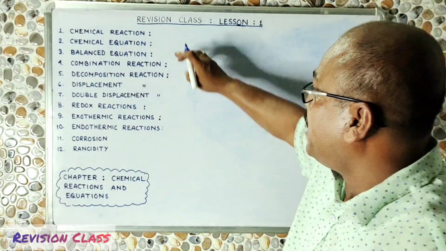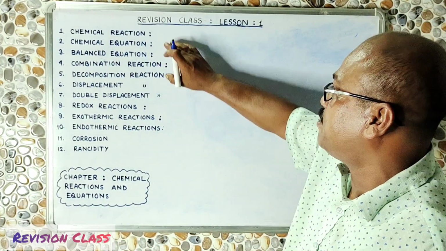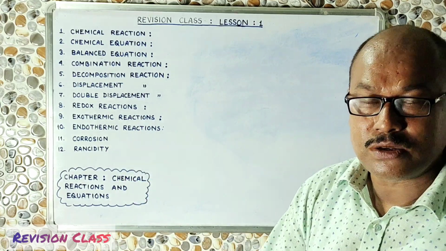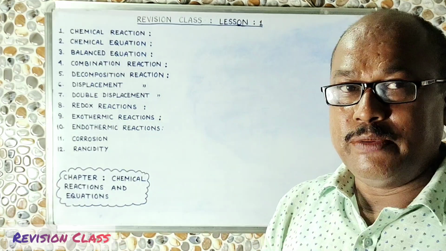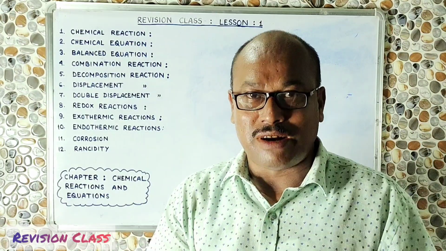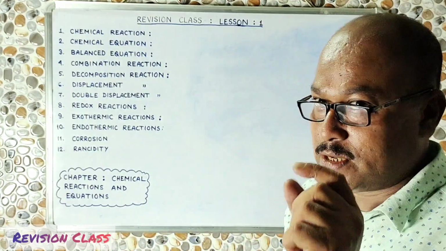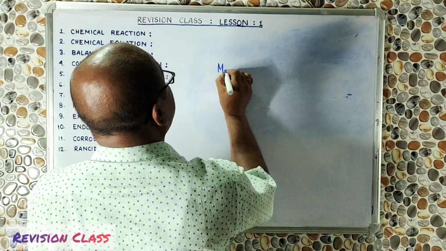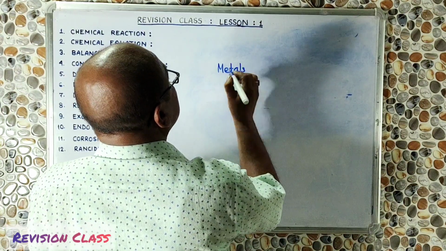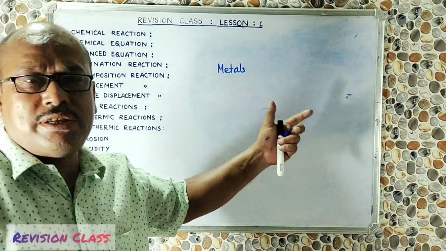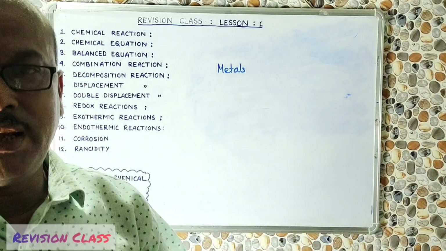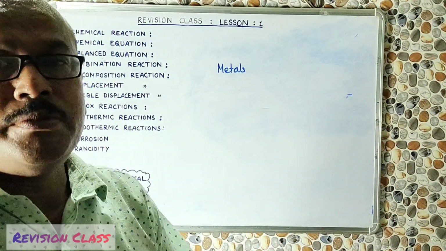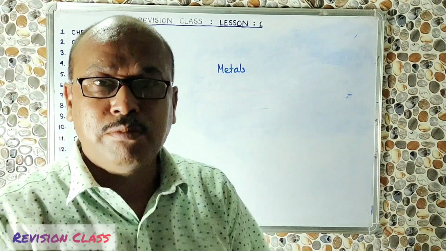So these are the different types of reactions we have seen so far, up to endothermic reactions. Last, we are coming to corrosion. We have already discussed it; it is nothing but rusting. Most metals are very reactive and can quickly react with environmental oxygen, that is air, or the moisture present in the atmosphere.